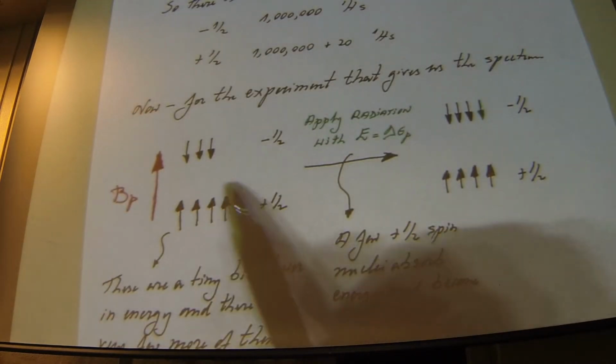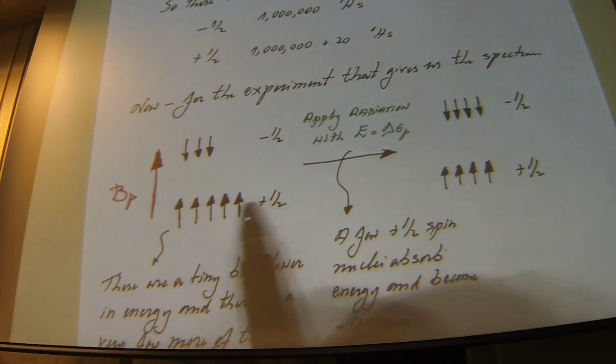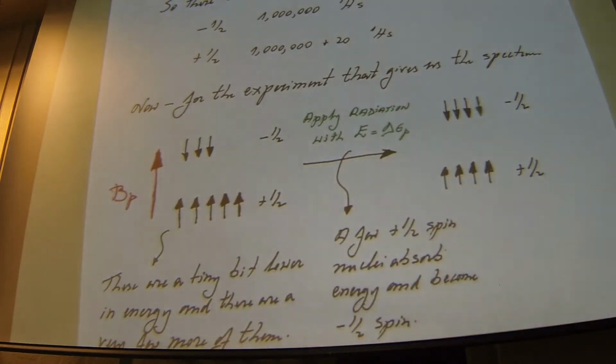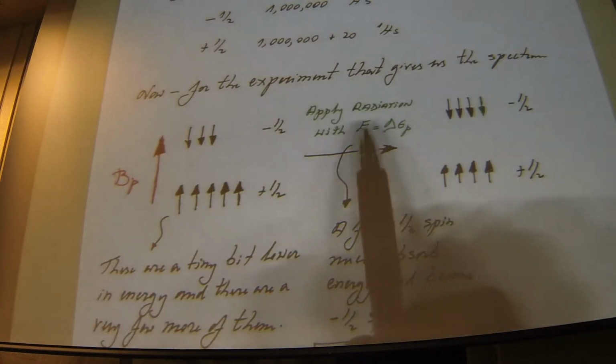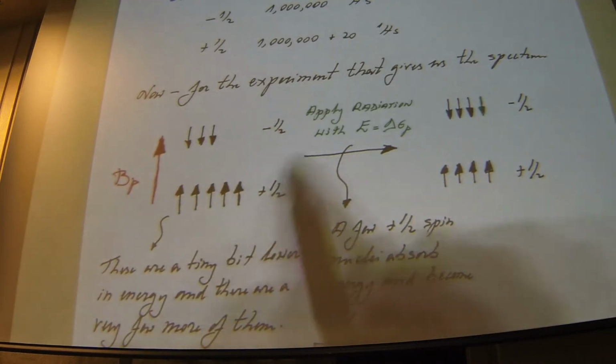Now, how do we do the experiment? Well, let's take a look. Here we are with the applied magnetic field. I have a few more low energy spins than high energy spins. And now I do the same thing I always do. I shine electromagnetic radiation on the sample. The frequency of the electromagnetic radiation is going to have to match the energy difference between these two spins.